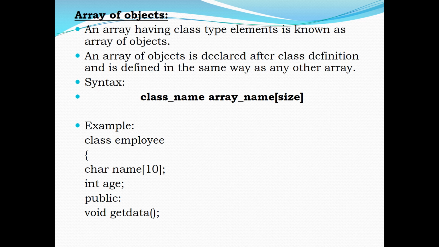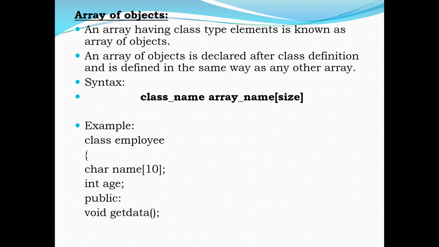An array of objects is declared and defined in the same way as an array of a built-in data type, or any other array.